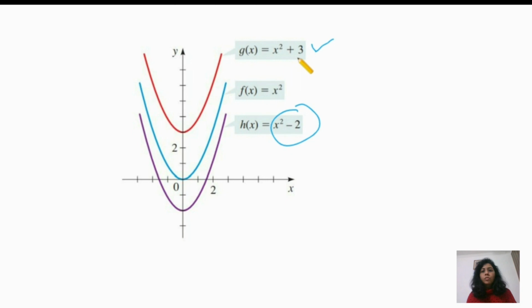Okay, so in vertical shift, this is the same function, this one and this one, and this shows plus 3, it means 3 units up, minus 2, it means 2 units down. So plus means shift up, and minus means shift down.